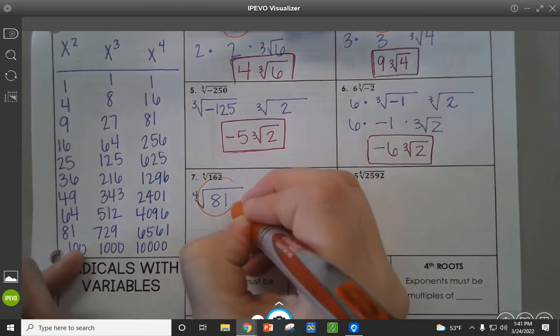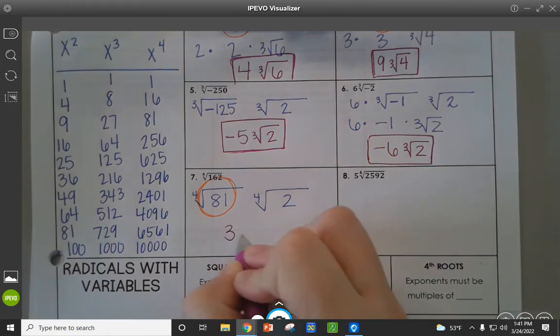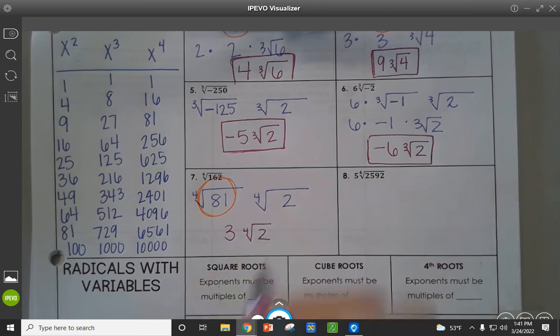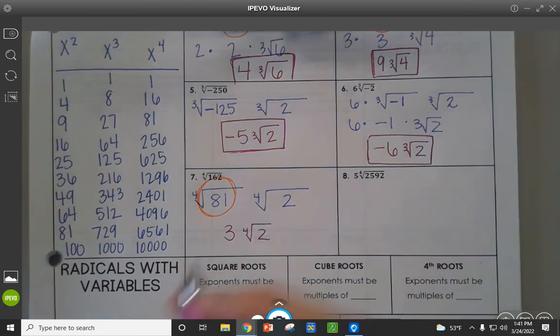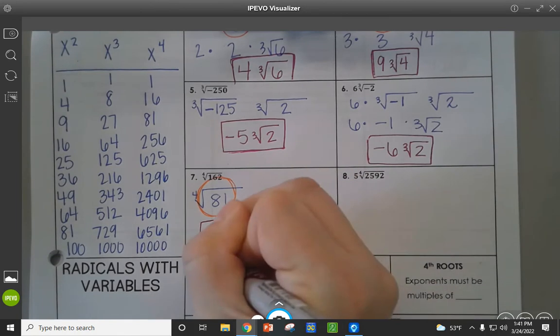So this one is my perfect fourth. What is the fourth root of 81? 3. And then we have the fourth root of 2. Do I need plus or minus? Yes, because we have an even index.